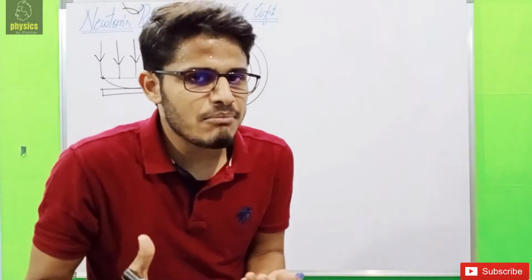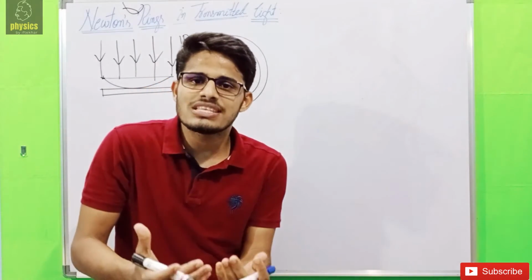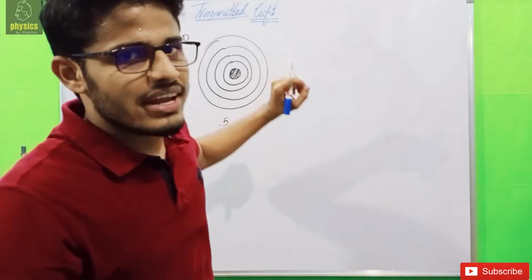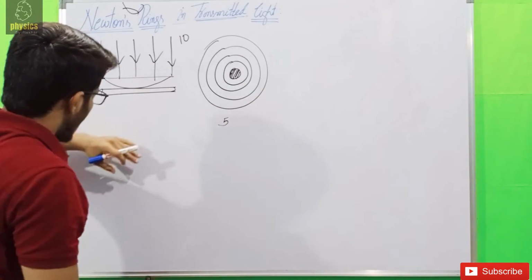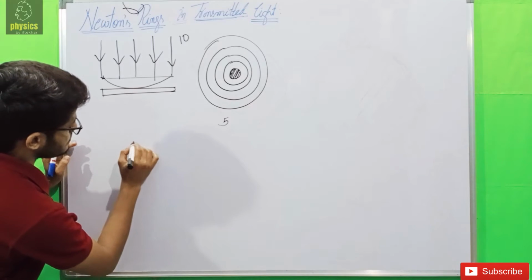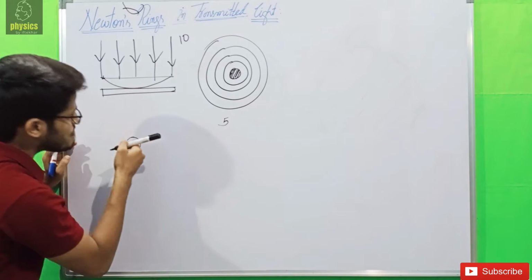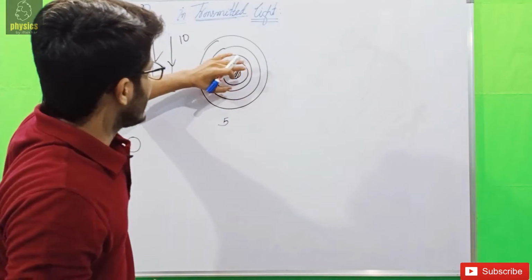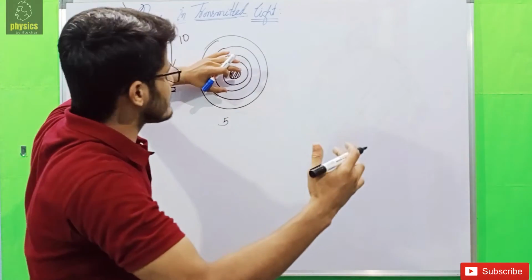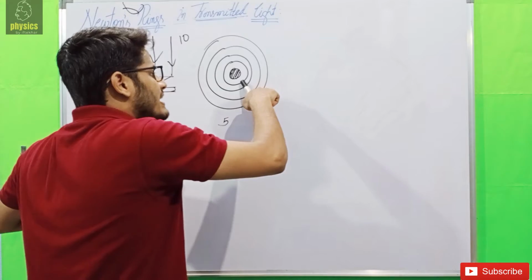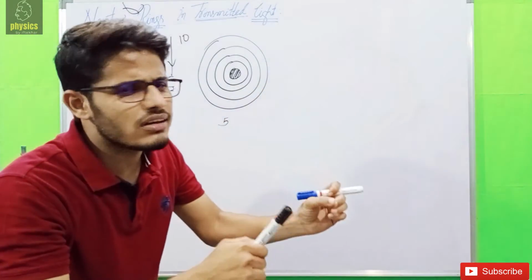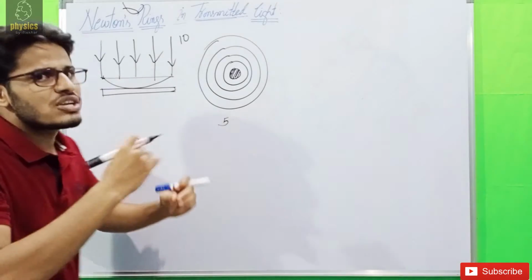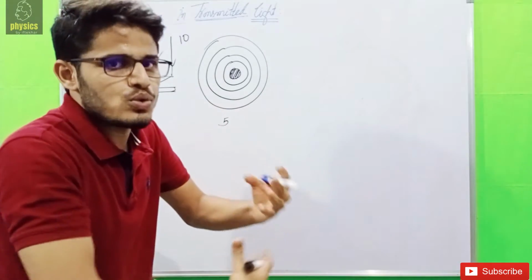That remaining amount of light will produce the Newton's ring in transmitted light ray. That will form here, and this pattern will be exactly opposite of this. If at some particular thickness you get bright here, at that same thickness you will get dark there. The condition will be exactly opposite.